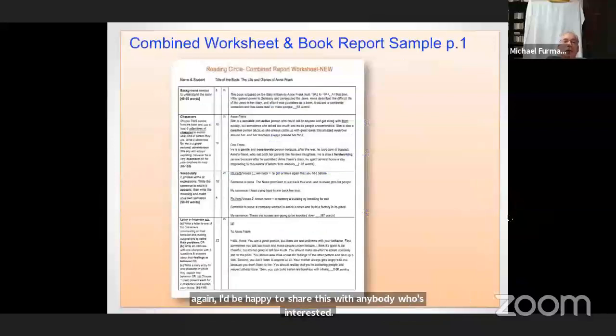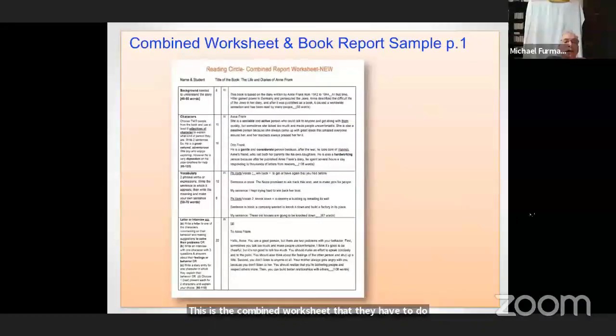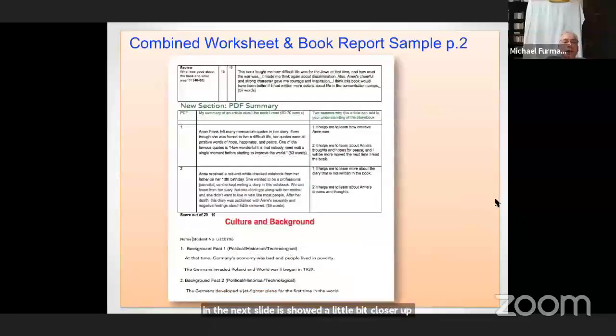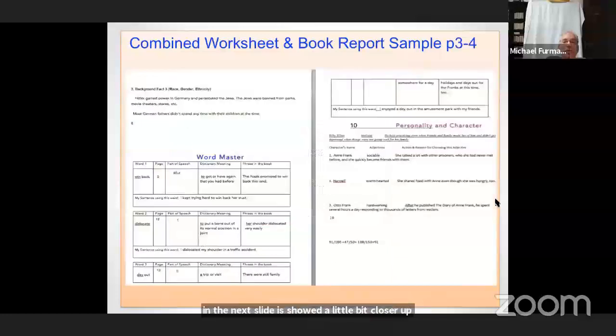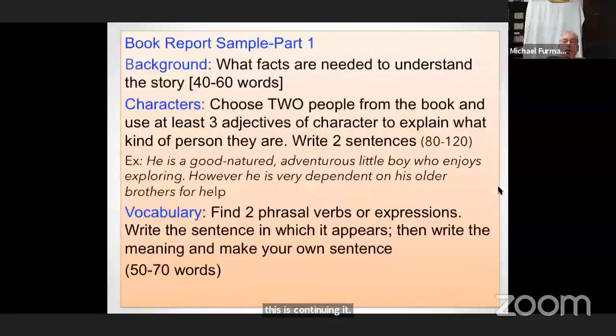This is the combined worksheet that they have to do. It's too small for you to see it, so in the next slide I'll show it a little bit closer up. This is continuing it. This is all submitted at Google Classroom, Google Docs. Okay, so here's looking at it a little bit closer. Just take a look at that.